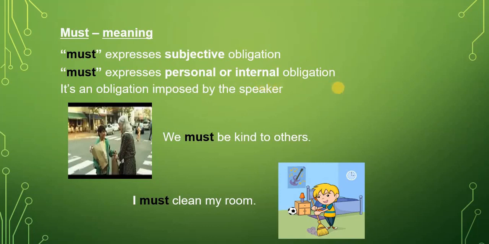Remember, I said have to is external, a law or a rule from outside, but must is the opposite. Must, the obligation comes from you. It's internal. It's your choice.